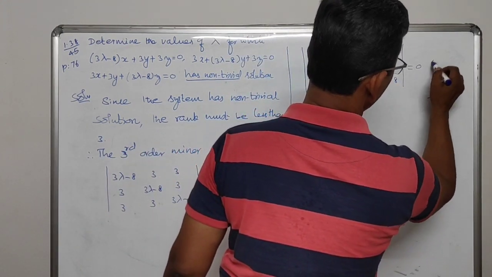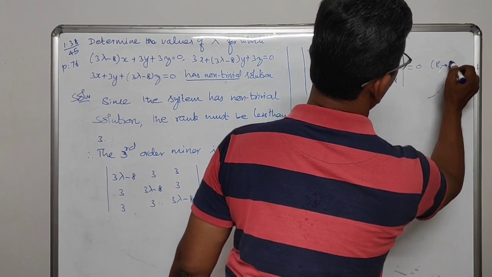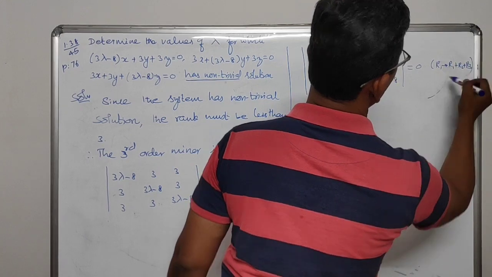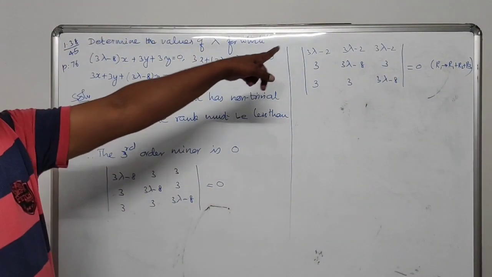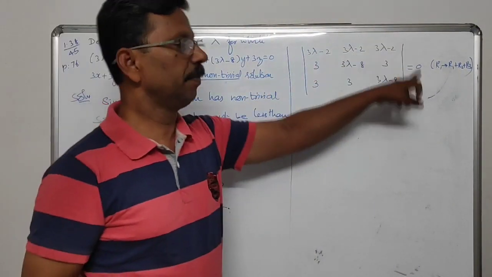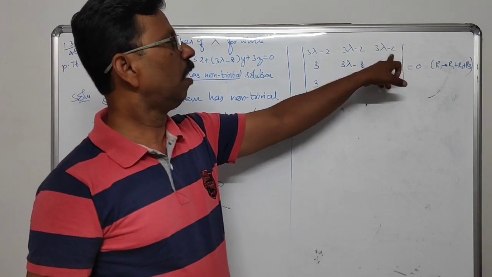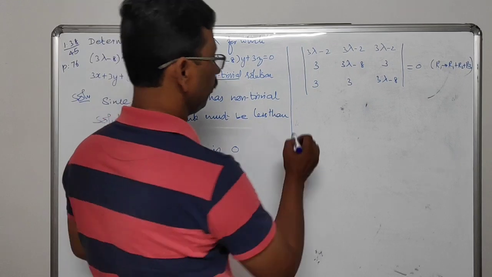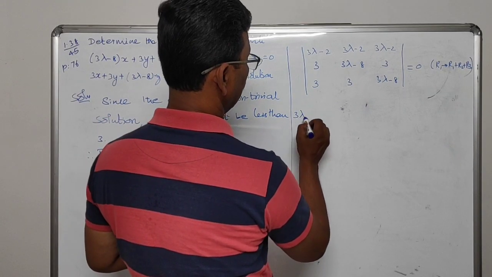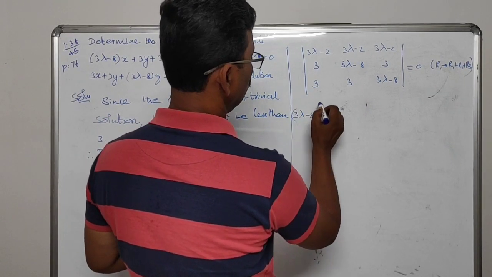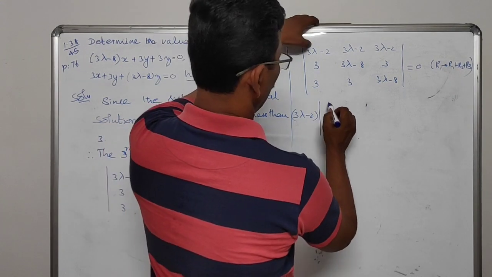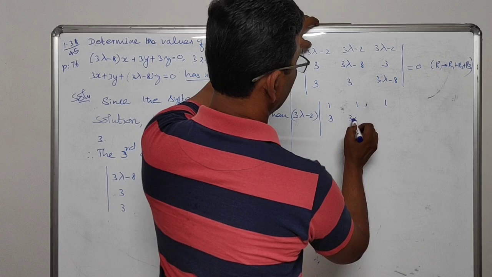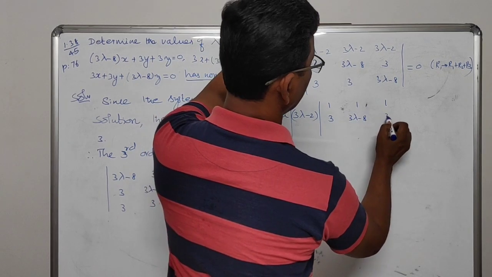Now we have done R1 gives R1 plus R2 plus R3. Since it's a determinant, in the first row all elements are multiples of 3 lambda minus 2, so we can take it outside. Therefore, we can say 3 lambda minus 2 into, see here, 1, 1, 1. This is 3 lambda minus 8, and this is 3.